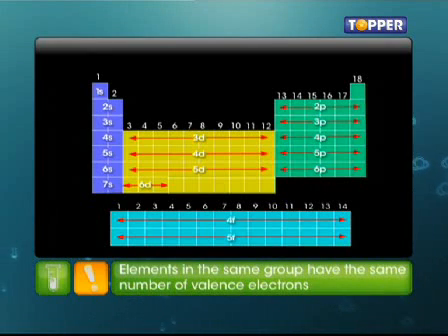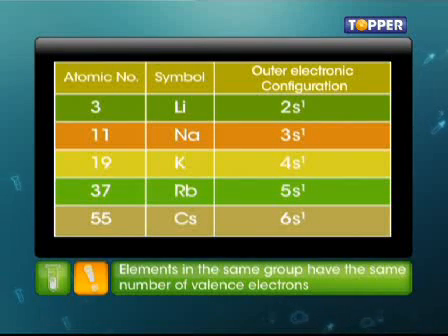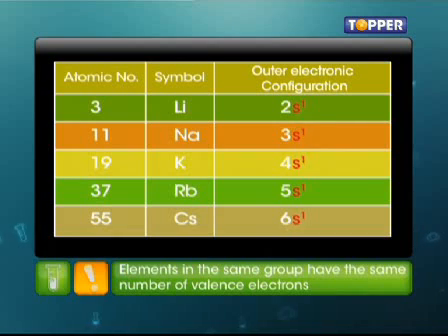Another interesting observation is that no matter how many shells are present, the outermost shells of all the elements within a group have the same number of valence electrons. For example, all the elements of group 1 would have an ns1 configuration.